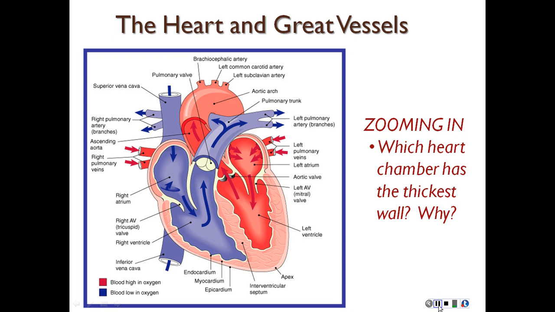The ventricle walls had to be stronger on one side so that the heart would be strong enough to force blood all over the body. Okay? And so those are just some things to think about. So when the atria contract, that's called atrial systole.